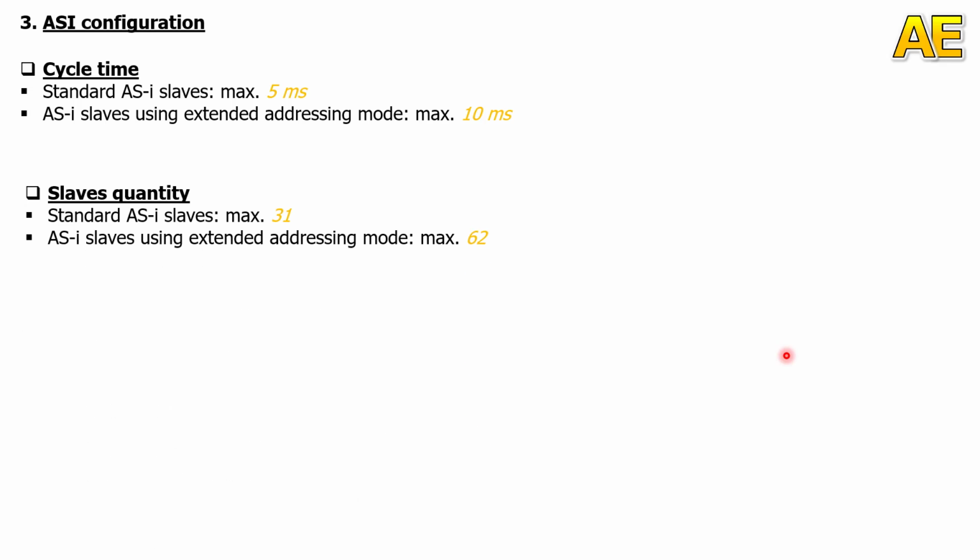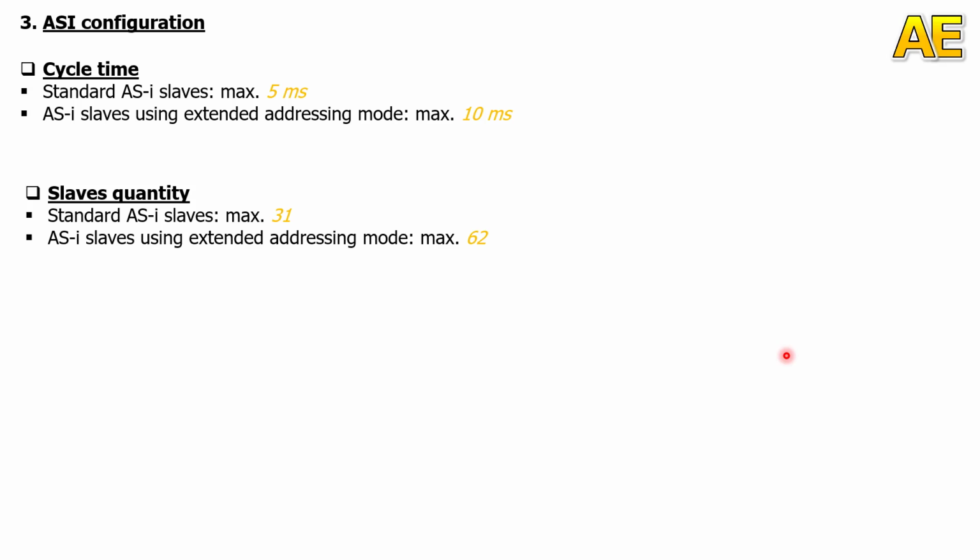Next is slave quantity. The standard ASi slave maximum can be up to 31, and with ASi slaves using the extended addressing mode it can be a maximum of 62. ASi slaves are the input and output channel of the ASi system.